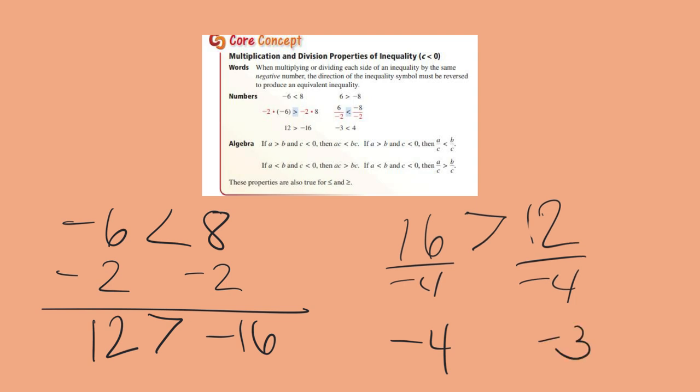If I leave my greater than sign, does that make it true, negative 4 is greater than negative 3? No. Which is bigger, negative 4 or negative 3? Negative 3. So therefore, do you see why you have to reverse it? So when we're multiplying or dividing by a negative number on both sides, we do the inverse.